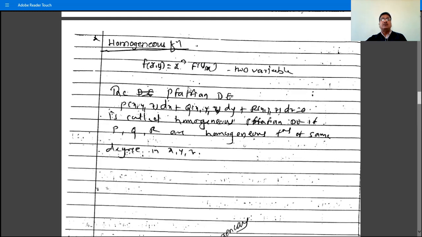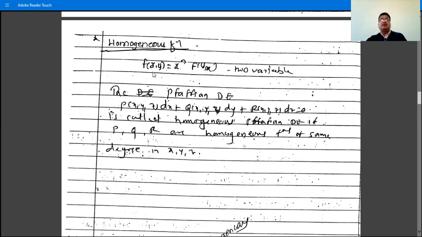Then it is called a homogeneous function of two variables. So the Pfaffian differential equation P(x,y,z) dx plus Q(x,y,z) dy plus R(x,y,z) dz is equal to 0 is called a homogeneous Pfaffian differential equation if these P, Q, R are homogeneous functions of the same degree in x, y, z. So this is the definition of the homogeneous function in x and y.